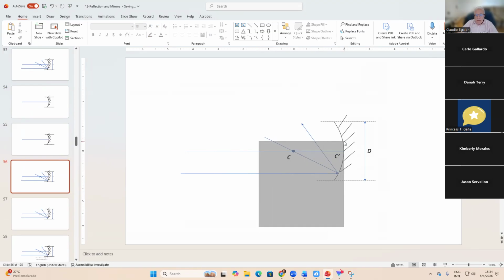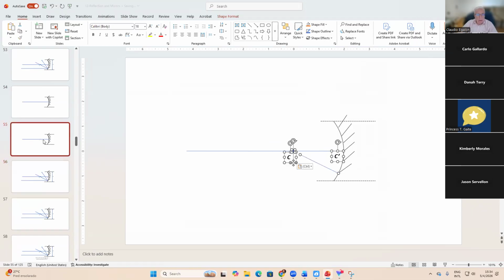I want like that. Like here. No, that's the radius. That's the center of curvature. C is the center of curvature of the mirror. C prime is the point of intersection of the axis of the mirror with the surface of the mirror.